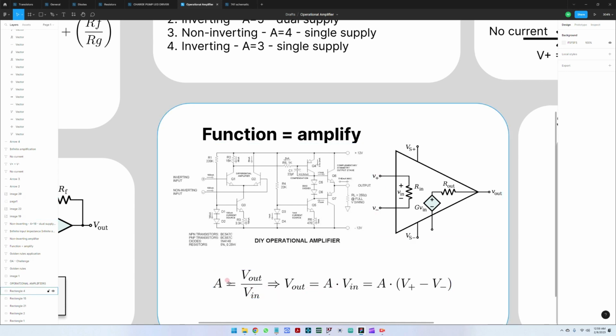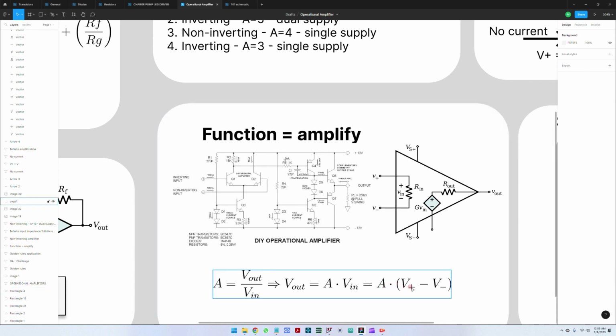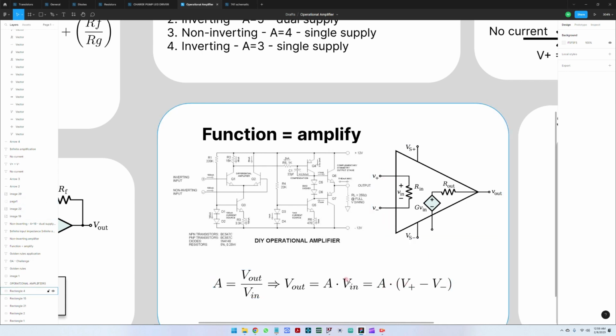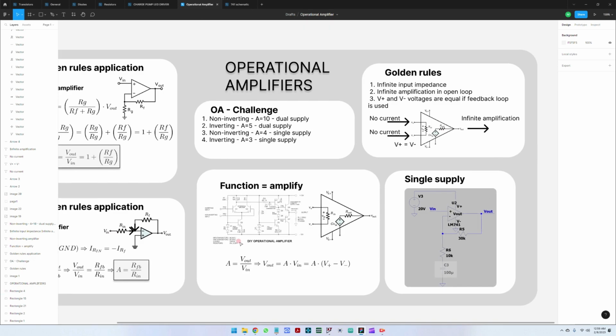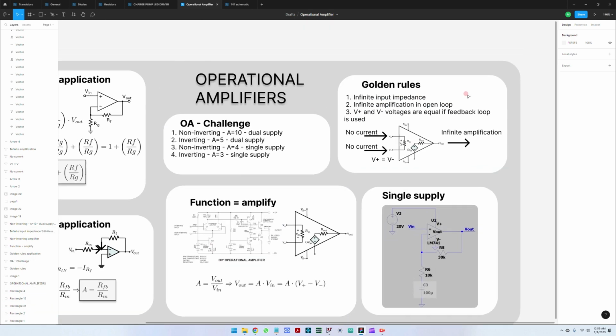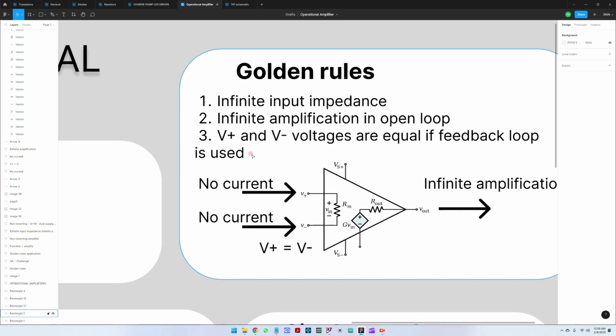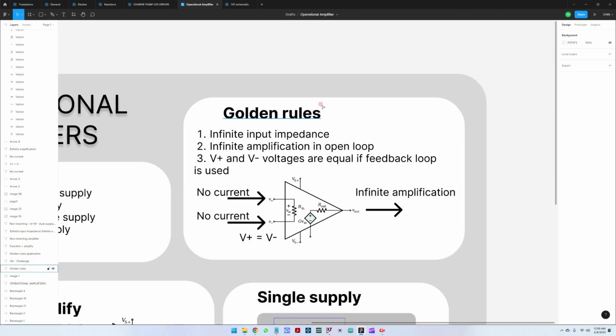It's defined as A, and the output is A times the difference between these two voltages here. Okay, there are a couple of golden rules for designing with operational amplifiers.